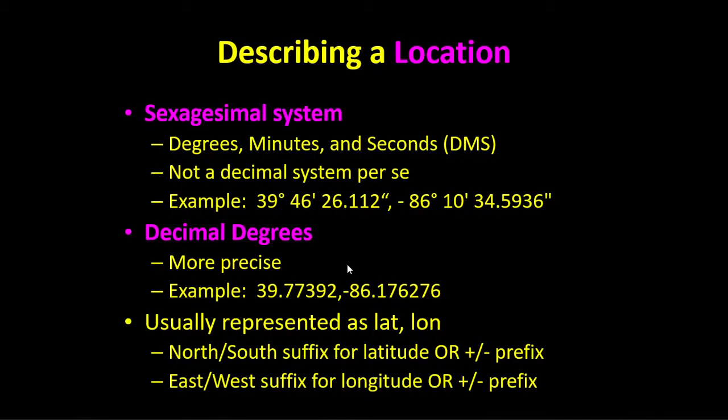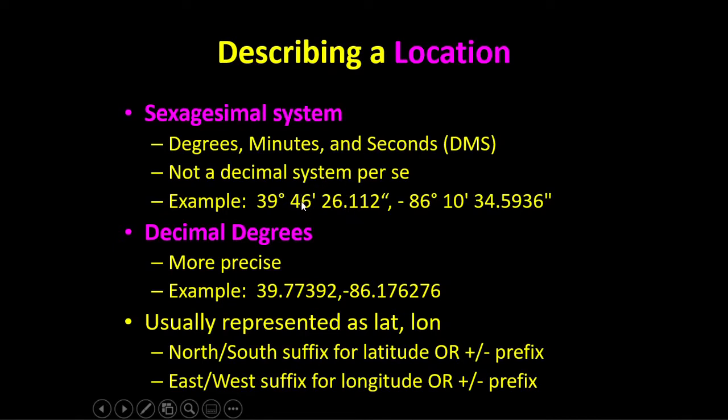So in the case of GIS or cartography, we're going to see these types of systems used. First off, it's called a sexagesimal system, and that's the DMS, or the degrees, minutes, and seconds. And it's not really a decimal system per se. Yes, it does include decimal values for precision, but here we have the degree, then we have the minutes, then we have the seconds.